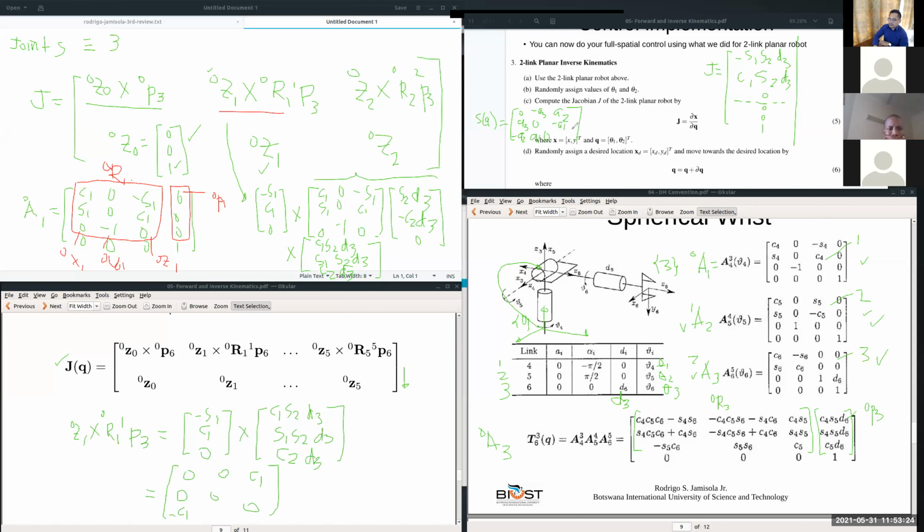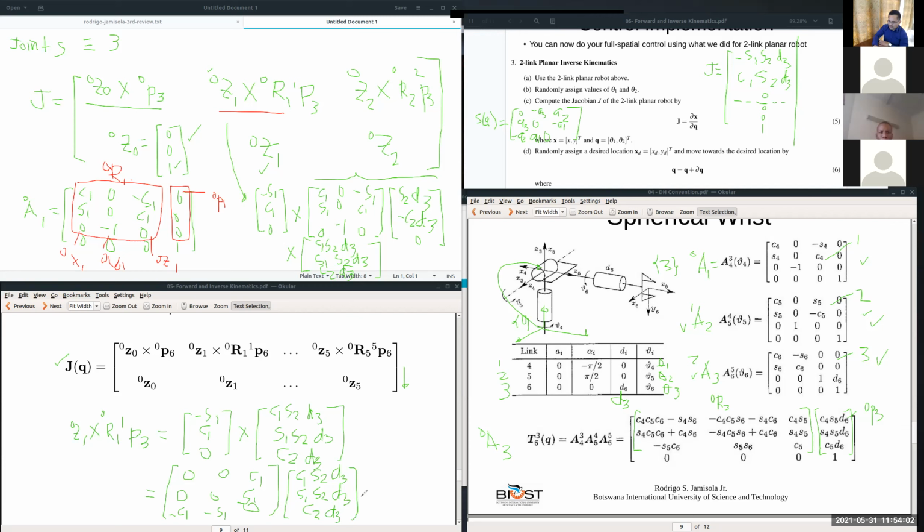So here is S1, the negative of the negative S1, and the positive of that, so that means this is minus S1. Multiplied by C1 S2 D3, S1 S2 D3, C2 D3.